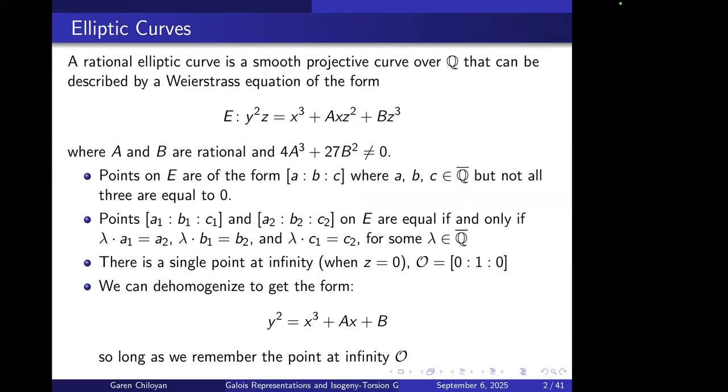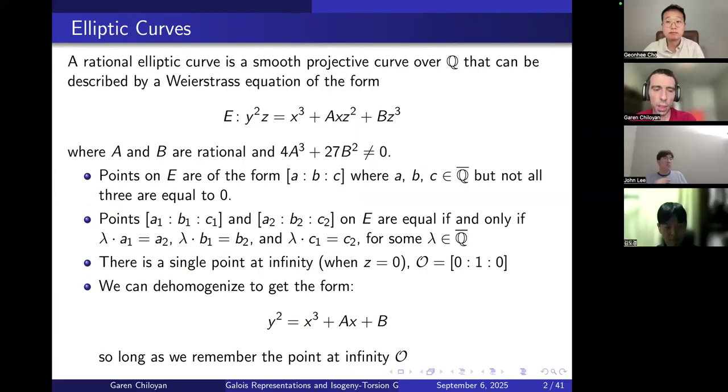A rational elliptic curve is a smooth projective curve over the rationals that can be described by a Weierstrass equation that you see over here in three different variables, x, y, and z, where a and b are rational constants. And smooth means this 4a cubed plus 27b squared term cannot equal 0. So that's what it means to be smooth.